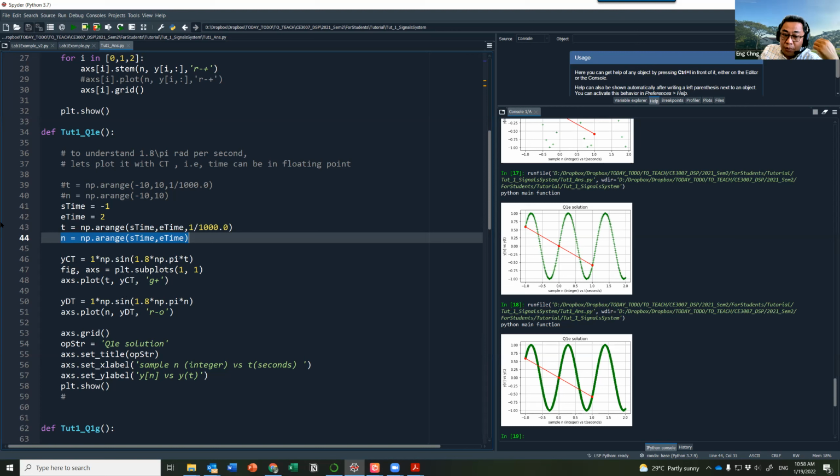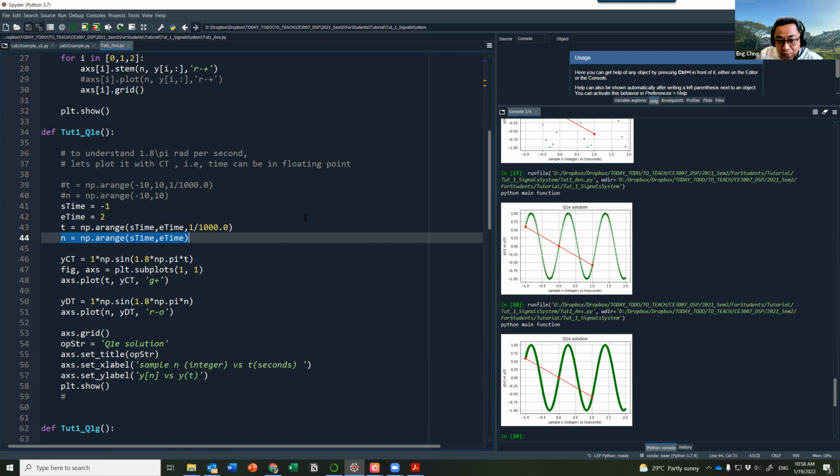So that is the difference between the green guy, which is a continuous time signal, because I'm allowed to go to any point in time and plot a value, while the red guy is a discrete time signal. I'm only allowed to plot at every integer index, n equals to 0, 1, 2, -1, -2. So that is the difference.